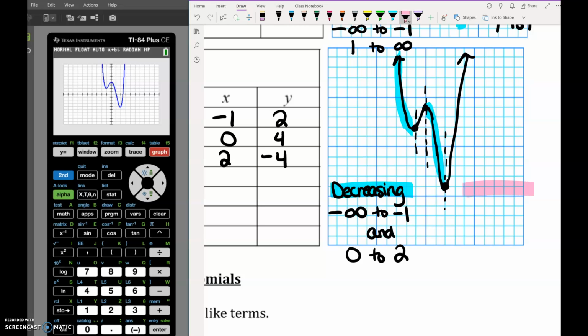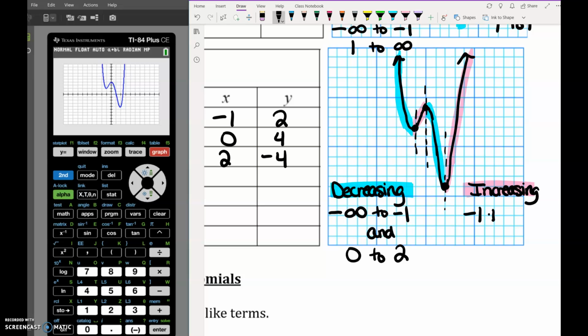Now let's talk about increasing. It is increasing in 2 places. The graph is going up in that little piece and this piece and on up to the right. Let's do the little piece first. I think this little piece is pretty easy because look at the decreasing. Do you see how there's a gap in the decreasing from -1 to 0?